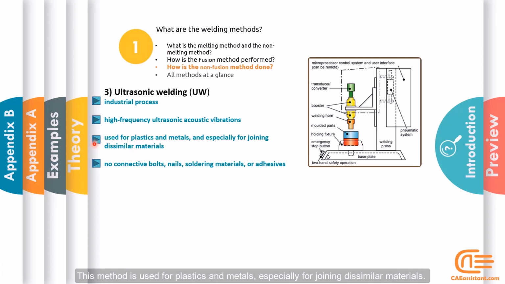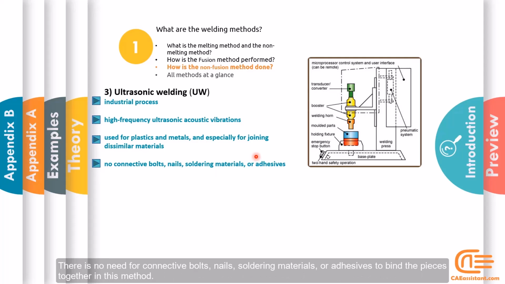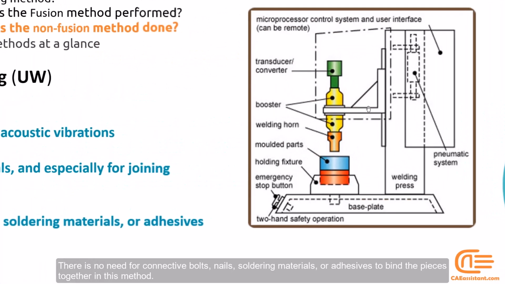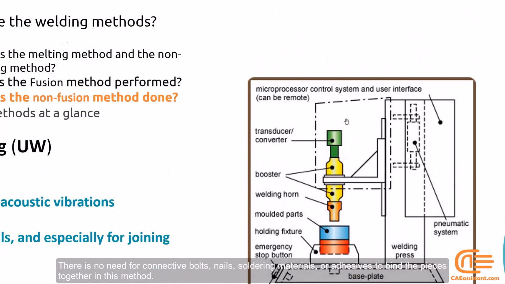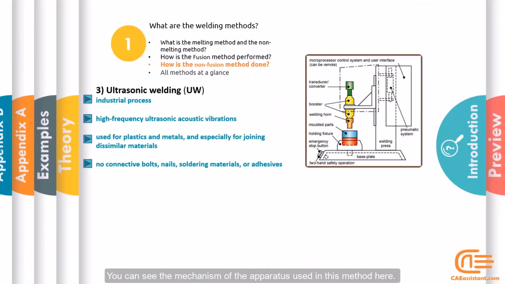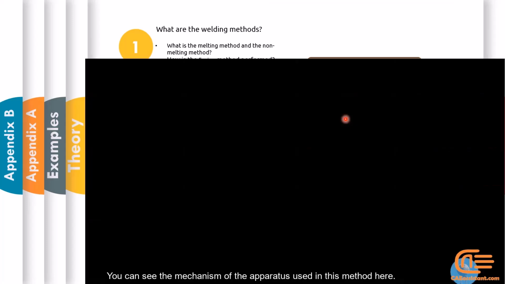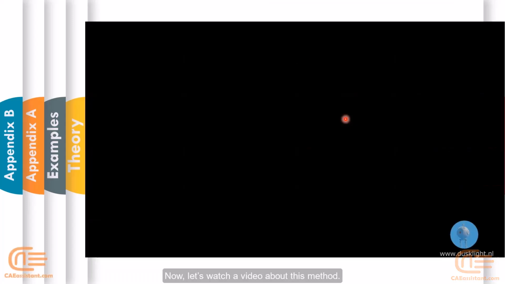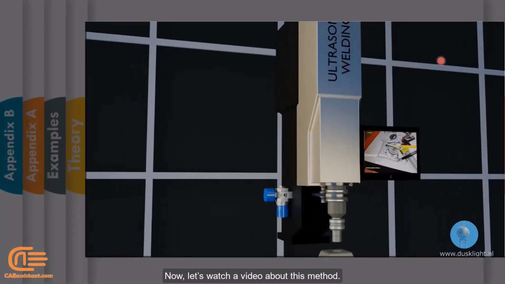This method is used for plastics and metals, especially for joining dissimilar materials. There is no need for connective bolts, nails, soldering materials, or adhesives to bind the pieces together in this method. You can see the mechanism of the apparatus used in this method here. Now let's watch a video about this method.